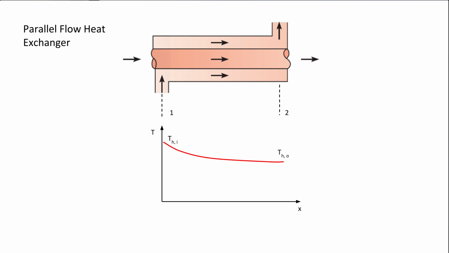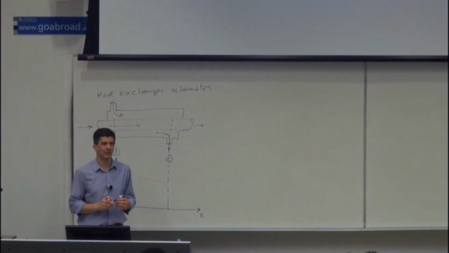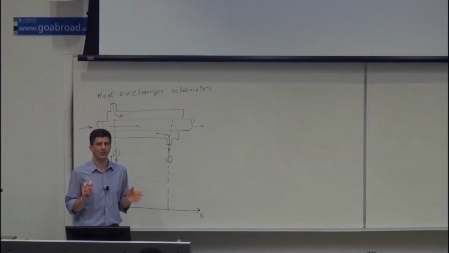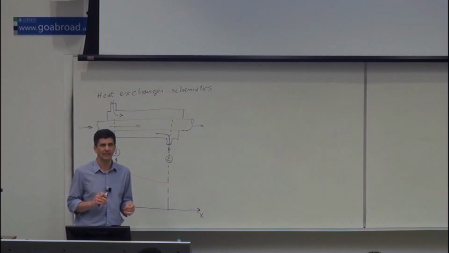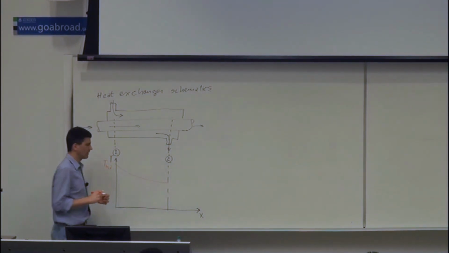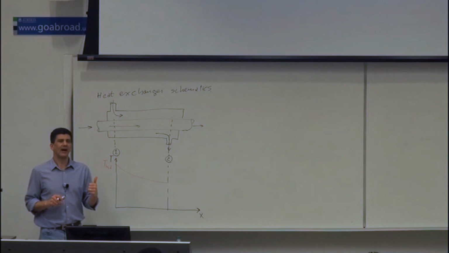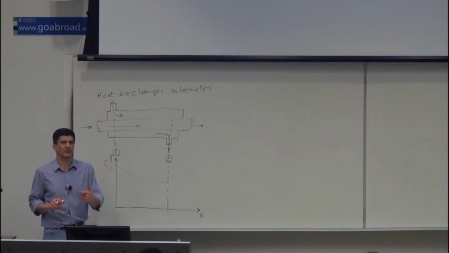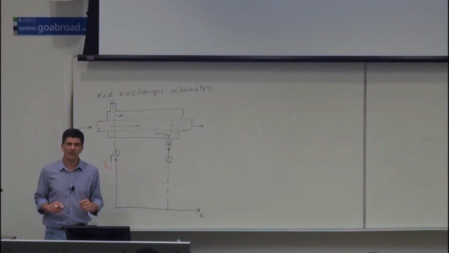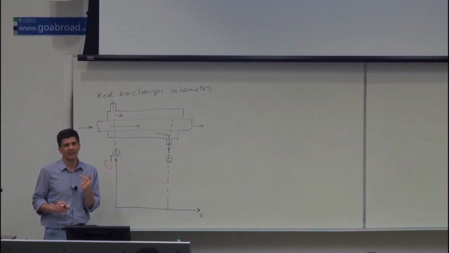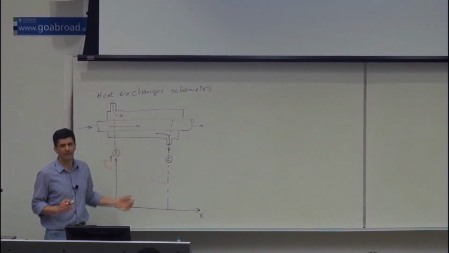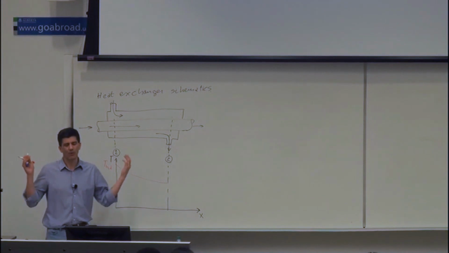The I means inlet. Now, part of the tongue twister, and this is something I have to figure out, the book is not consistent, so I'll need to do it myself. Sometimes the book uses I for inside and O for outside. But in heat exchangers, it's inlet and outlet. Although when you have an internal flow, sometimes it's I and O again.